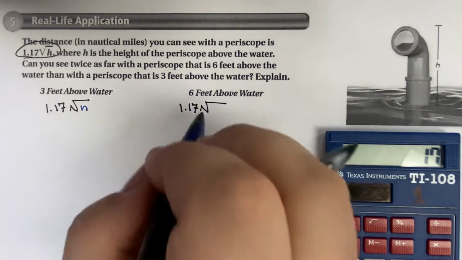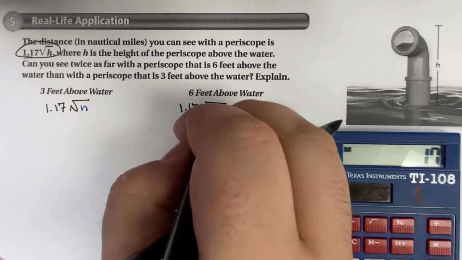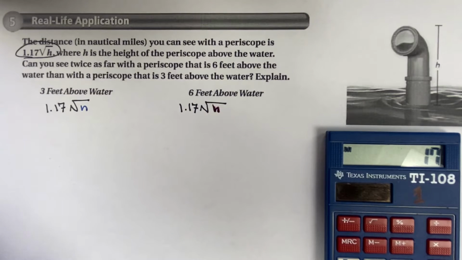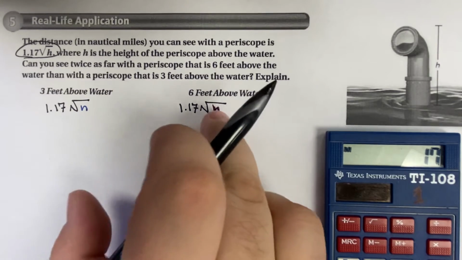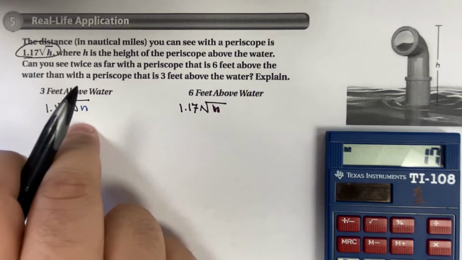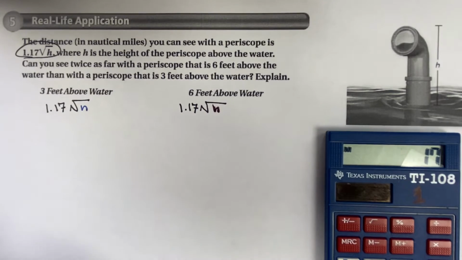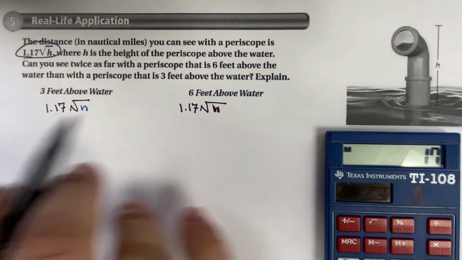Let me put this as a different height, because we are talking about two different heights. We're trying to see if we see twice as far when we're 6 feet above water than when we're 3 feet, because obviously 6 is twice 3. Do they have that relation? Are they proportional? That's really what the question is asking.